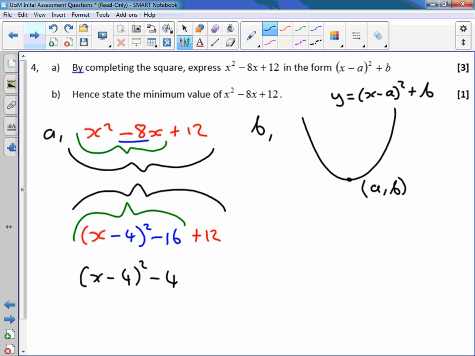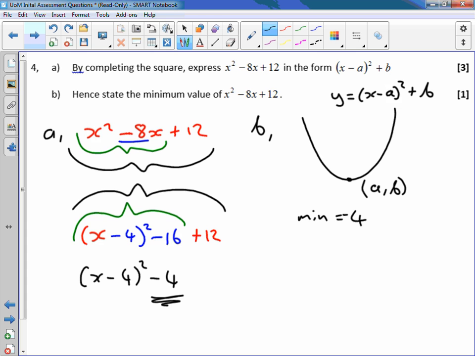So therefore, the minimum value has to be minus 4. So minimum value is equal to negative 4.